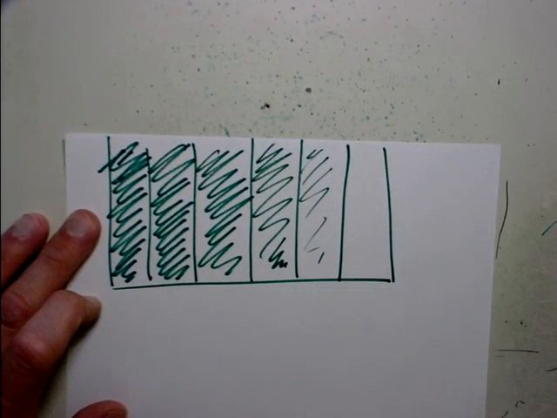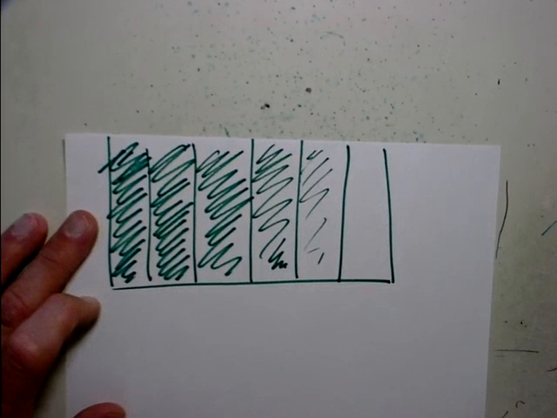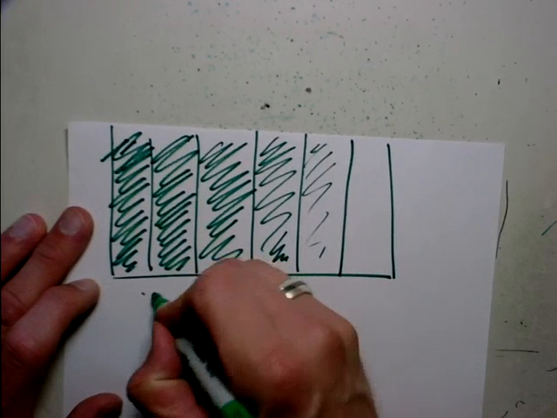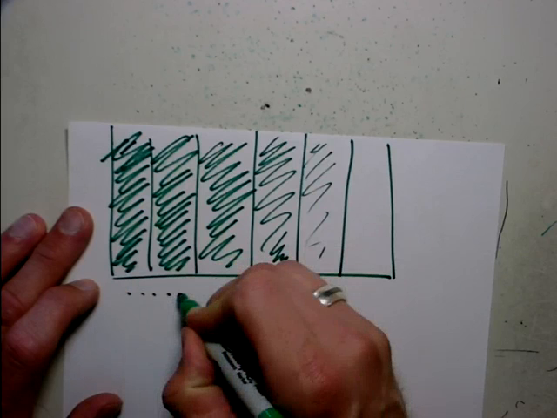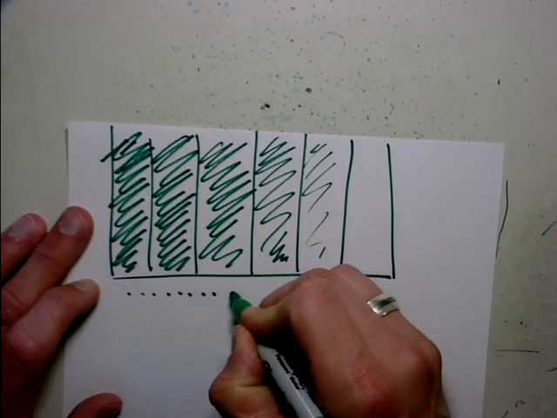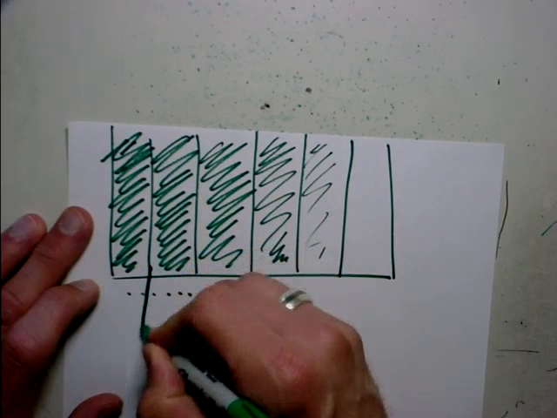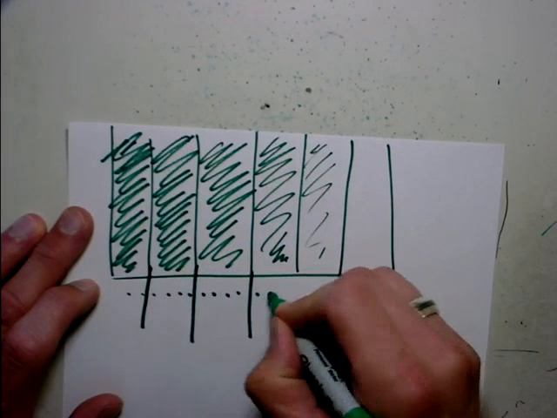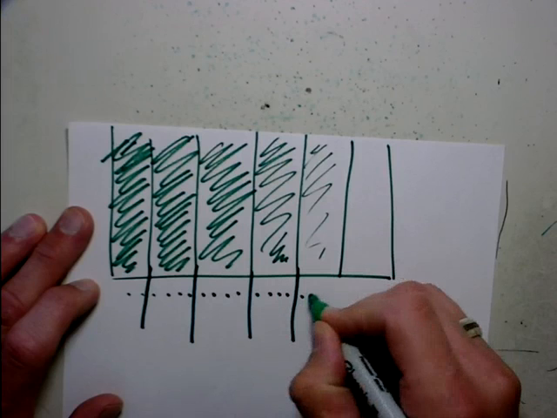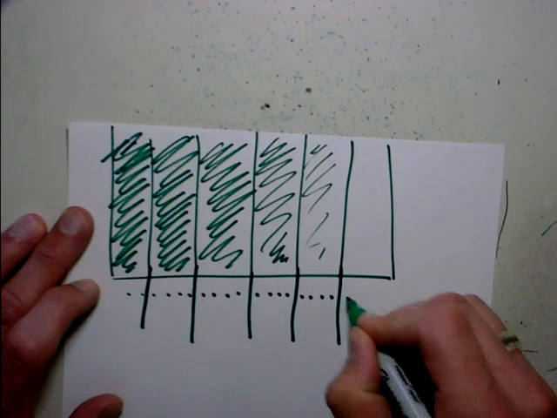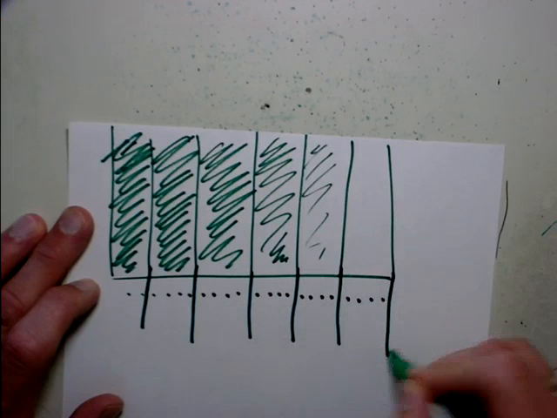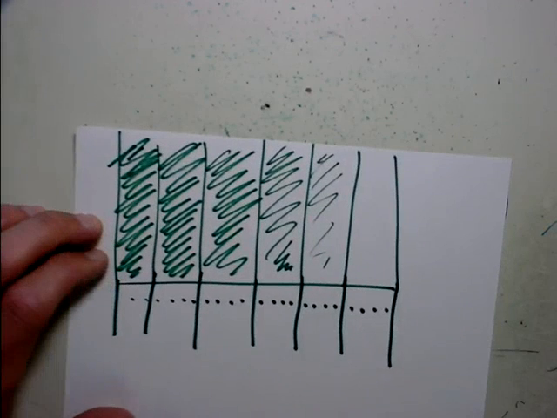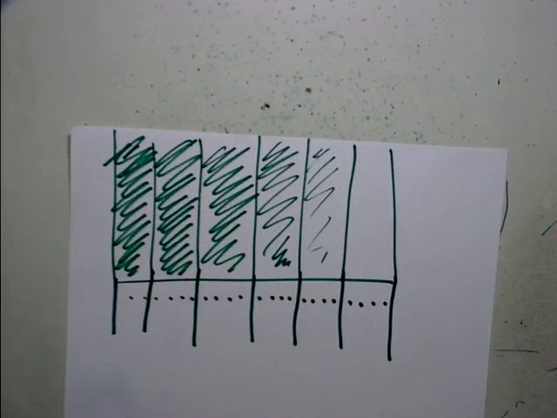So let's say you have a neuron here and here on each side. Now, remember, as it gets darker, they get less intense.